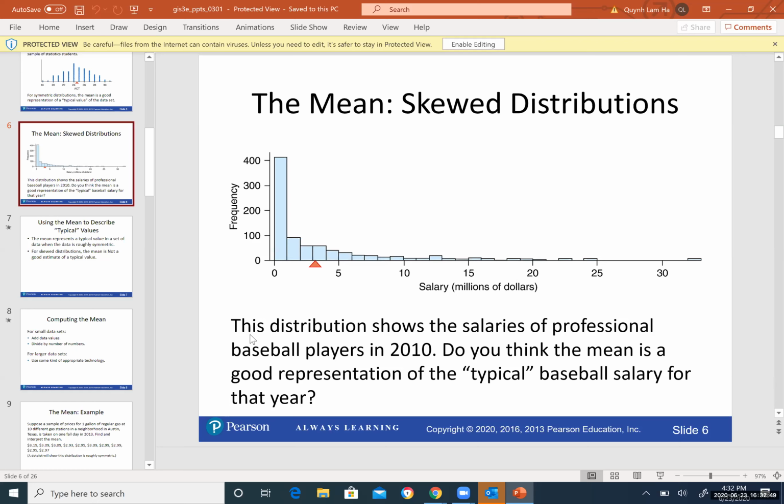So let's read over right here. This distribution shows the salaries of professional baseball players in 2010. They're asking: do you think the mean is a good representation of a typical baseball salary for that year? I just explained to you, right? So it's not good. The mean will not be good when we apply it to any skew distribution.